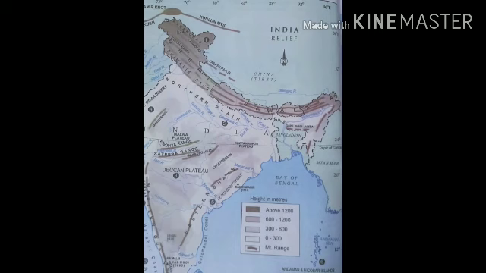In this region, the Pir Panjal range forms the longest and the most important range. So the longest and most important range is Pirpanjal. The Dhauladhar and the Mahabharat ranges are also prominent ones.